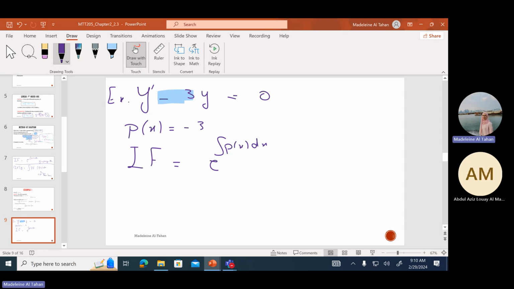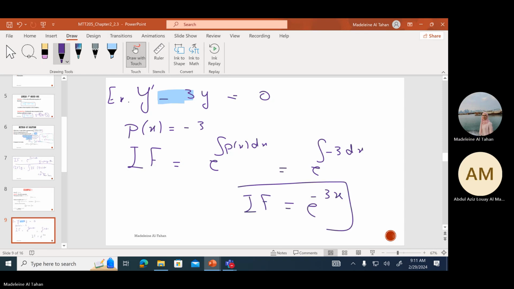Each question has its own integrating factor. We don't memorize integrating factors, we just need to know this formula. So this is our integrating factor. Are you okay with it? Okay. We found the integrating factor, we put it in a box.